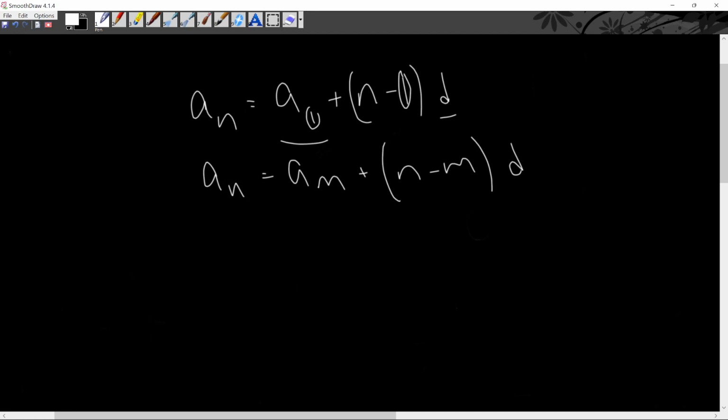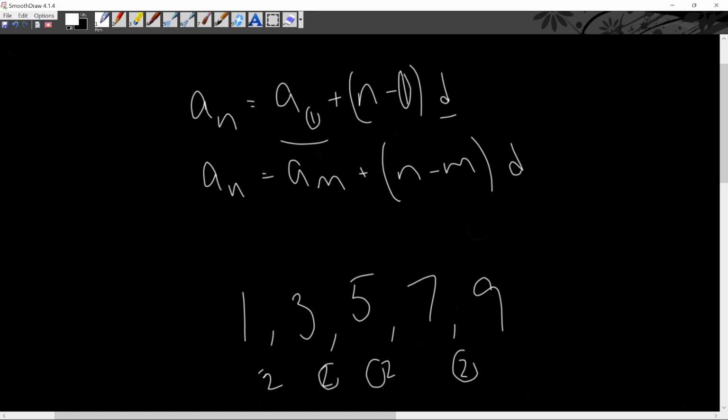So, for example, if you have 1, 3, 5, 7, 9, and on like that, as you can see, there is a difference between each term, and that difference is constant. That difference is 2, right? And a sub 1 is going to be 1 in this situation, and n minus 1 will be multiplied by each of these values.